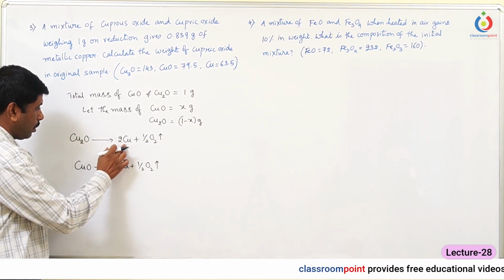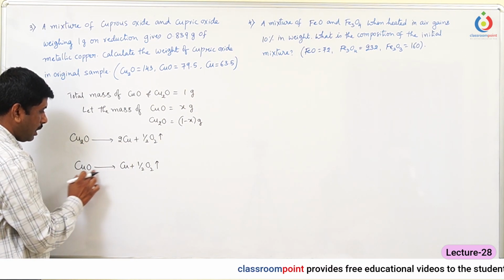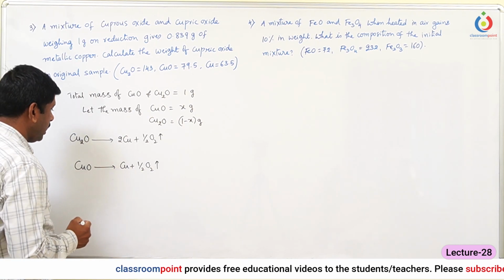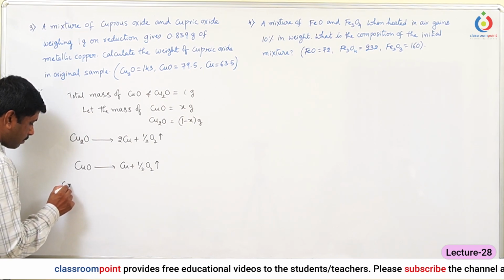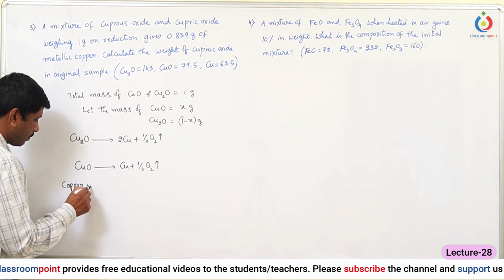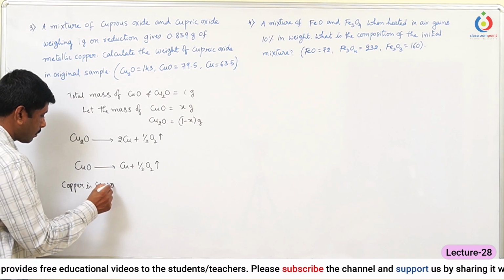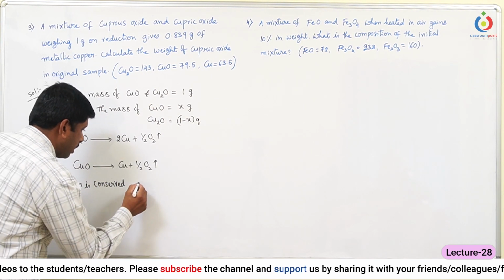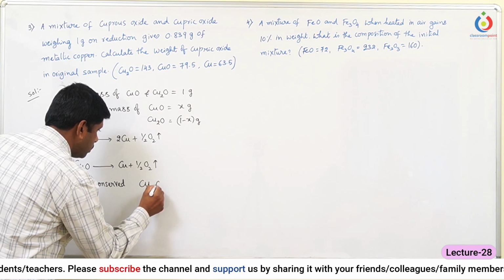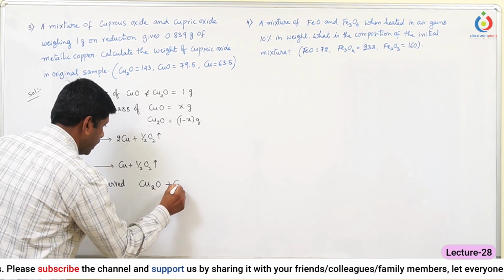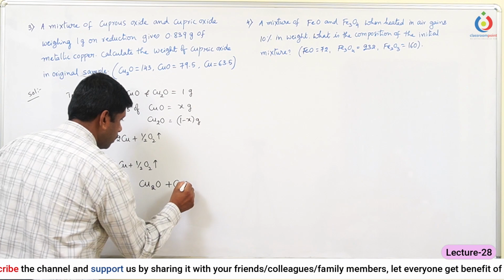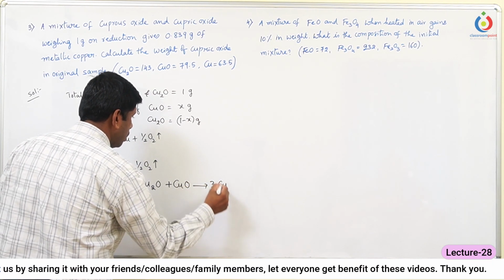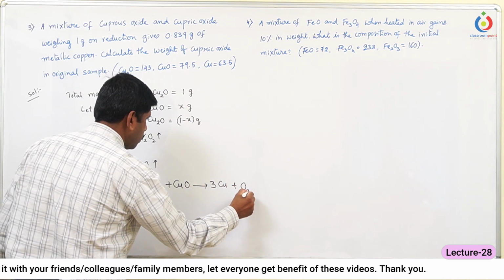See, it is giving 2 moles of copper here, and here it is giving 1 mole of copper. So now I am making copper conserved. So here we write Cu2O plus CuO gives 3Cu plus O2.